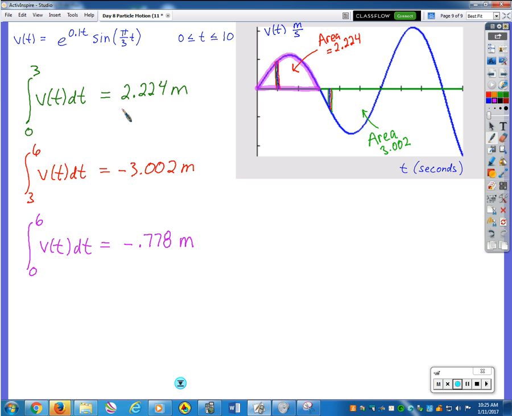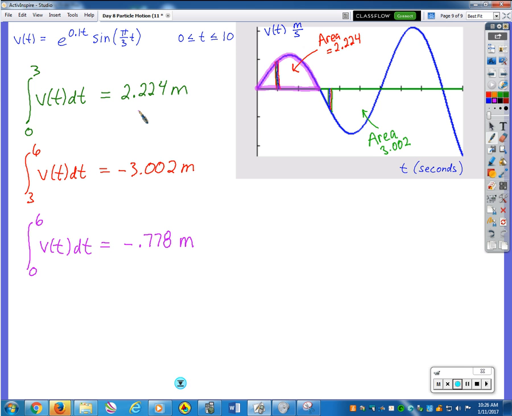So we know that during the first 3 seconds, the particle was somewhere. I've never told you where the particle was. During seconds 0 to 3, it moved to the right because its position changed by this amount. So maybe it was here, and it ends up moving 2.224 this way.